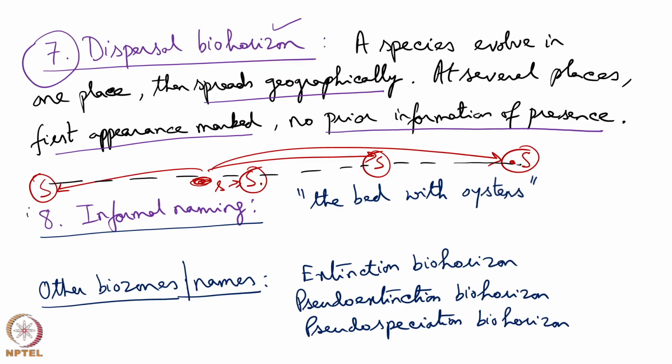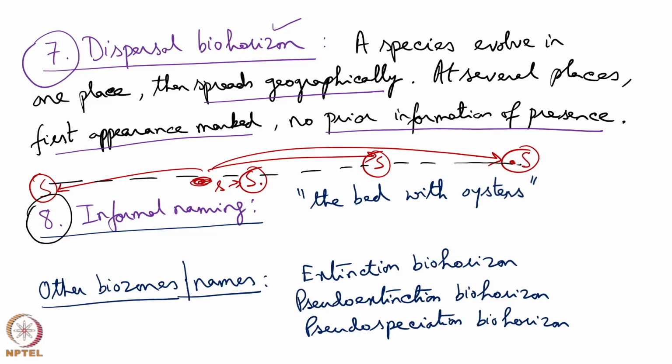Now there are several informal nomenclatures also used in defining the biohorizon. A structural geologist goes to the field whose aim is not biostratigraphy at all, and he finds that there is a bed which is rich in oyster. He is going to do some other study of structural deformation in the terrain, the deformation sequences. So what he will quickly say is that we are dealing with a bed with oysters. So this is an informal nomenclature without getting into the detail.